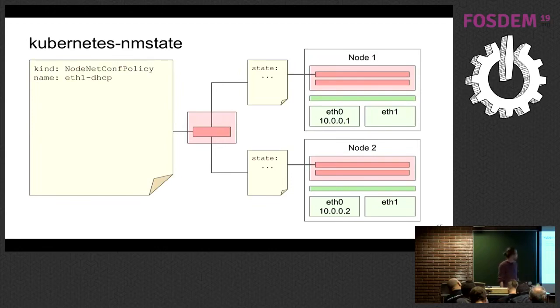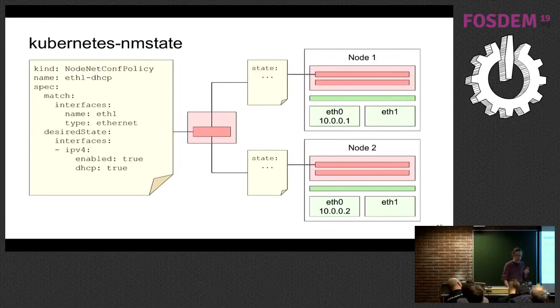with node network configuration policy. In this case, it has this obscure name, ETH1-DHCP. And the pink object in the middle is just a controller that monitors this object and updates the node network state accordingly.